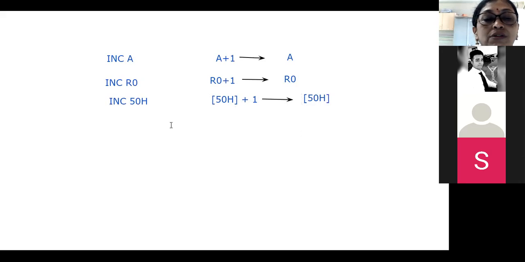Okay. So this is how this instruction will be executed.